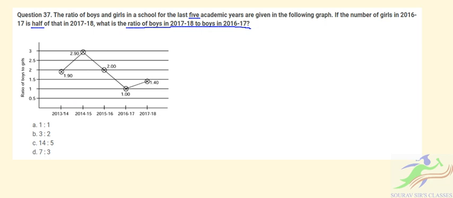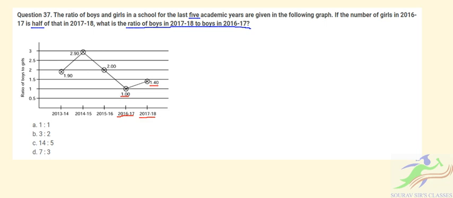You can see in 2013-14 it is 1.9, and it goes to 2.9 in 2014-15. Our data is confined to 2016-17 and 2017-18. In 2016-17 the ratio of boys to girls is 1, and in 2017-18 the ratio is 1.40.